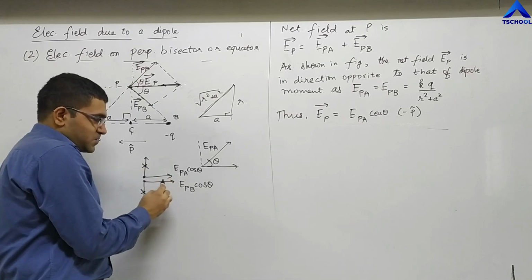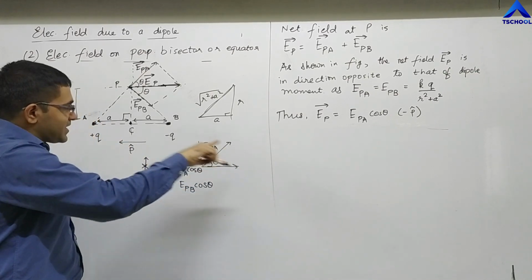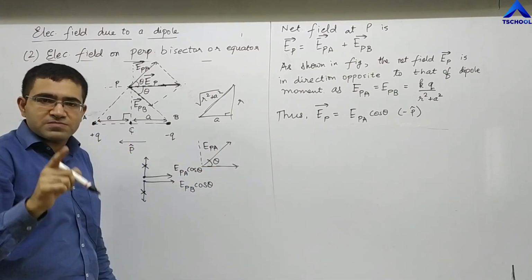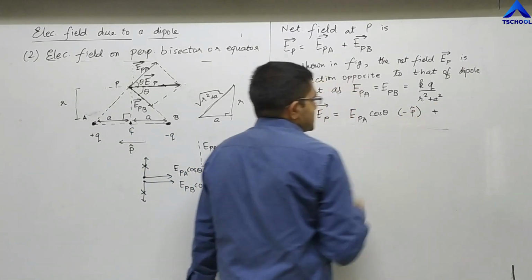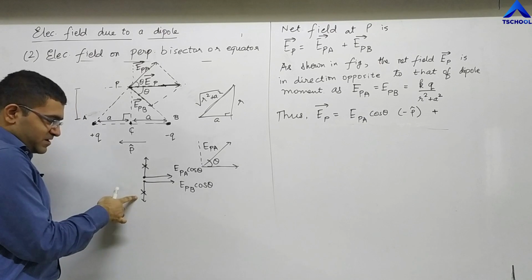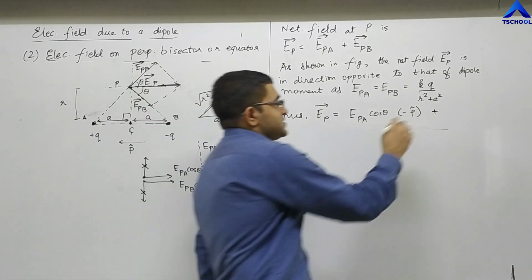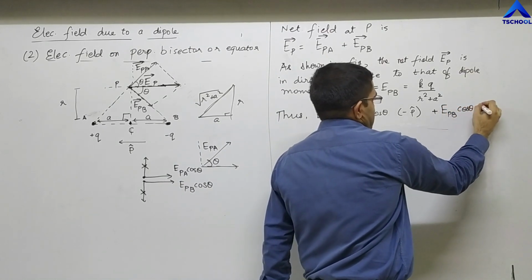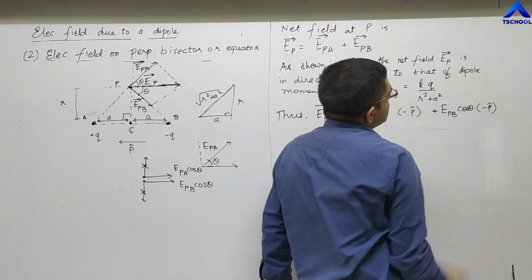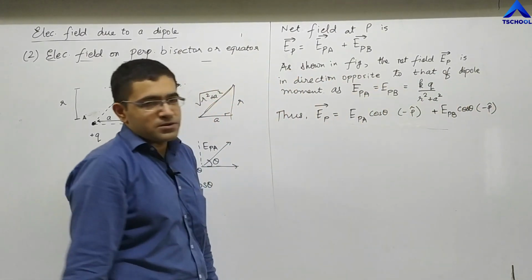We have to add these two. So I'm going to add EPA cos theta. That is in which direction? Towards the right hand side, which is minus P. Correct? Okay. Plus. What else? Do I have to add this one? No. Yeah. What's that? EPB cos theta minus P hat. Again, do not forget that minus P hat is actually the direction.